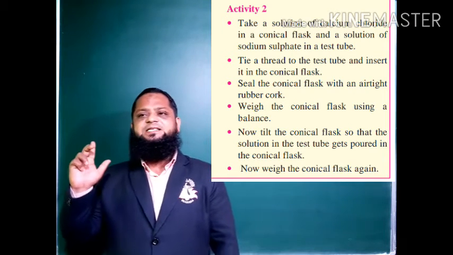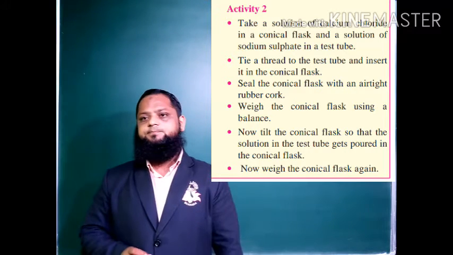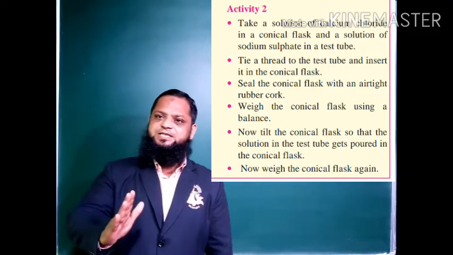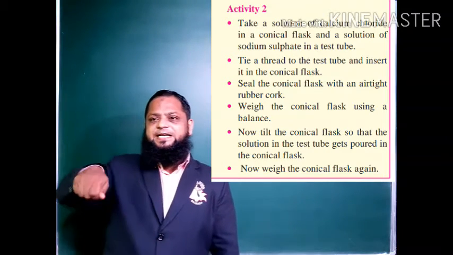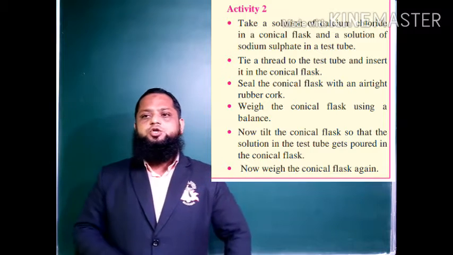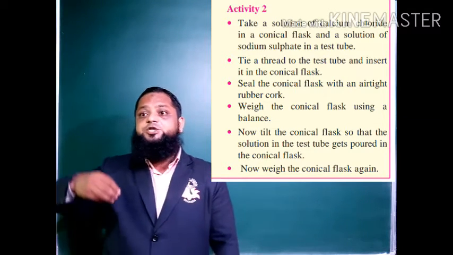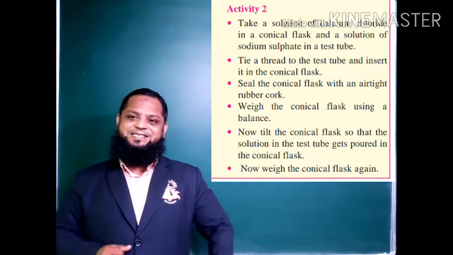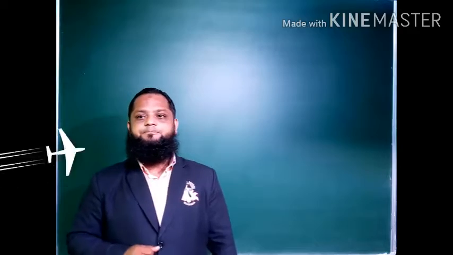Seal the conical flask with an airtight rubber cork. Weigh the conical flask using a balance. Now, tilt the conical flask so that the solution in the test tube gets poured into the conical flask. Now, weigh the conical flask again.